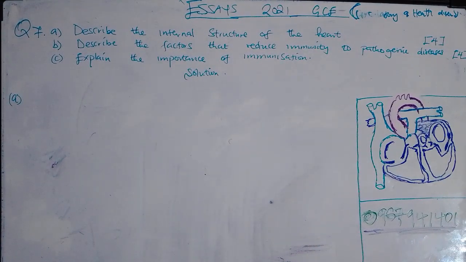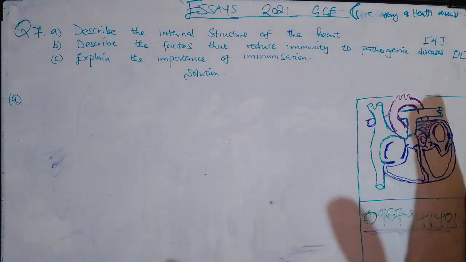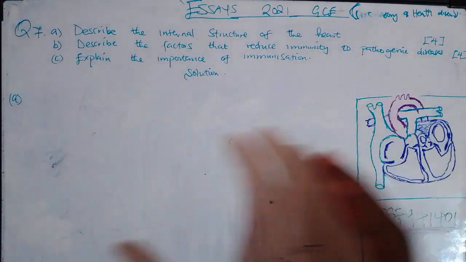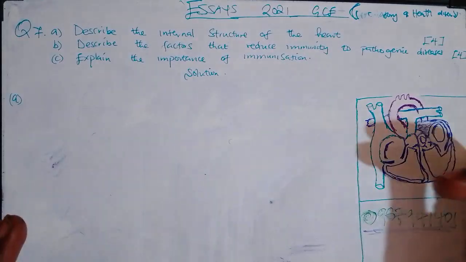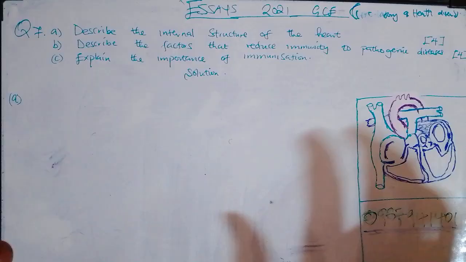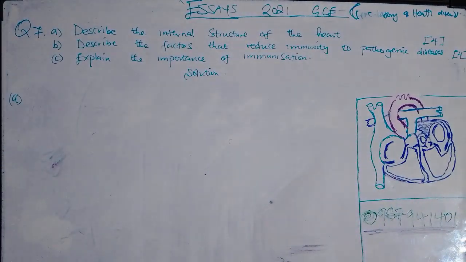So how can you start your essay? On my left hand side, you can see that we have a diagram of the heart. As I am writing here, I'll also be referring to the diagram so that I show you the parts which I'm describing.